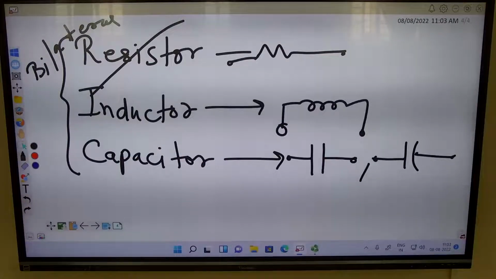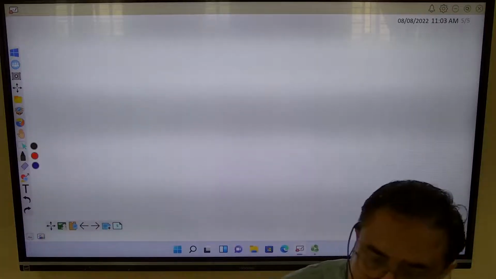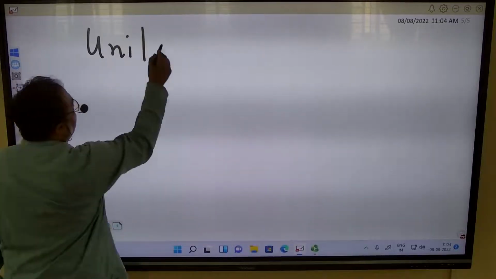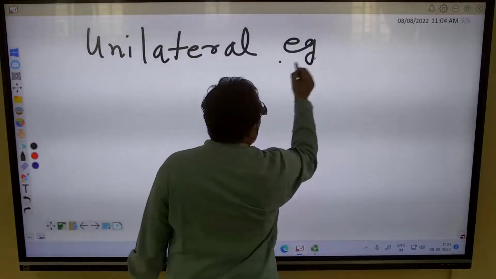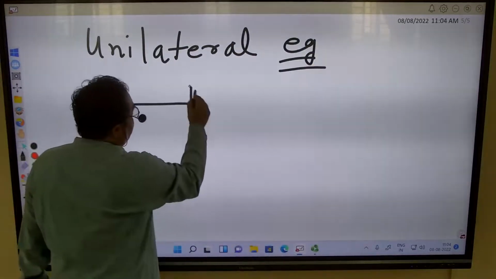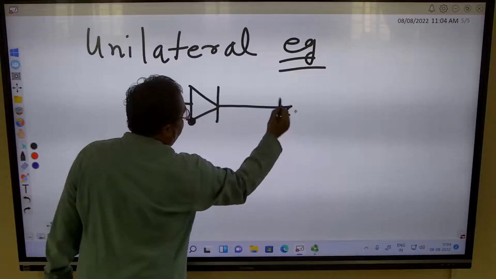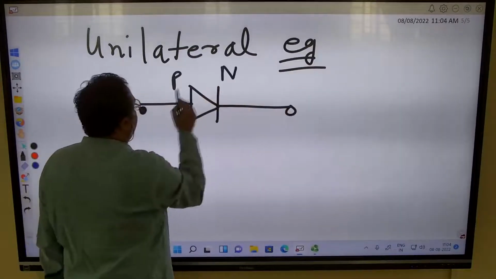Okay. So now next, what is unilateral? Whose terminal properties change by changing the polarity. How? Let us take example of unilateral. Unilateral example is your diode. Diode has two junction, P and N, do you agree?